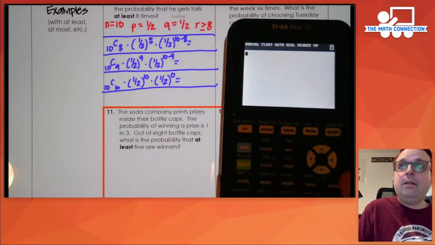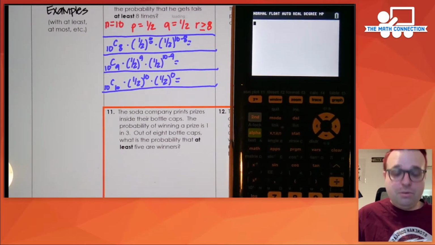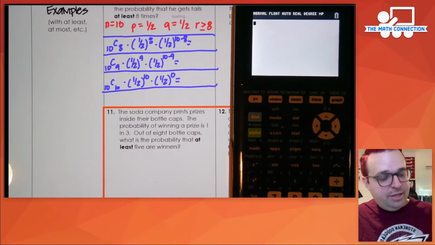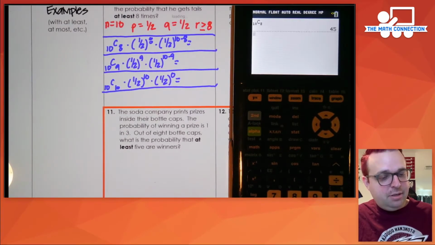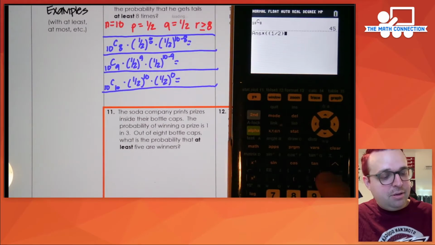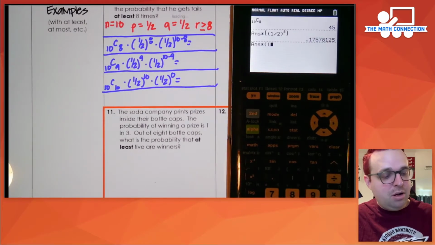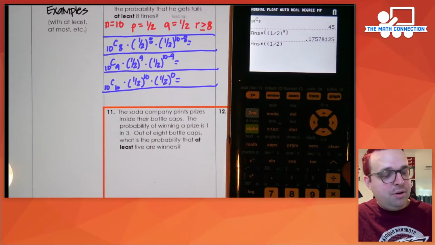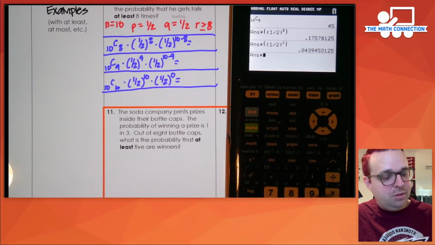Can you see my calculator? Now you can. Now you see it, now you don't. Okay, so we need to do a 10 combo of 8. Multiply that answer by 1/2 to the power of 8. Multiply this answer by 1/2 to the power of 2, because 10 minus 8 is 2.